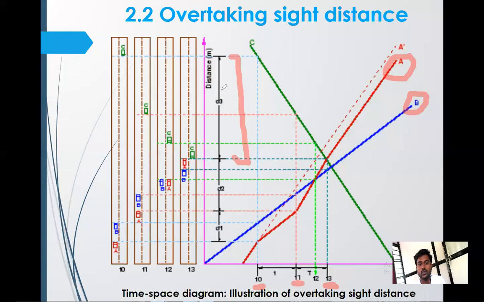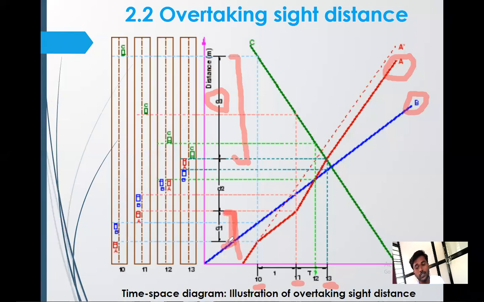Okay, so this is the time and space diagram. From t0 to t1, vehicle A decided to go for overtake, and the distance traveled during that period is taken as d1.